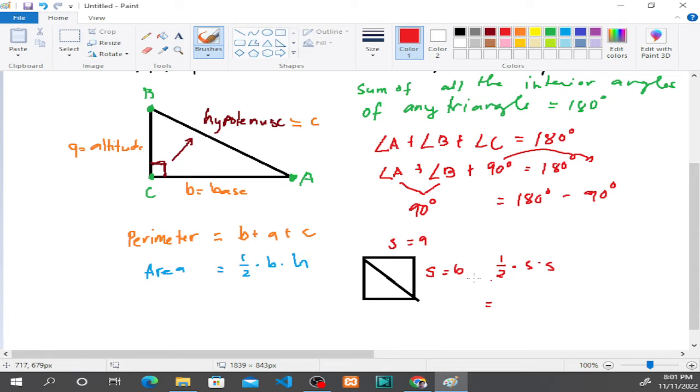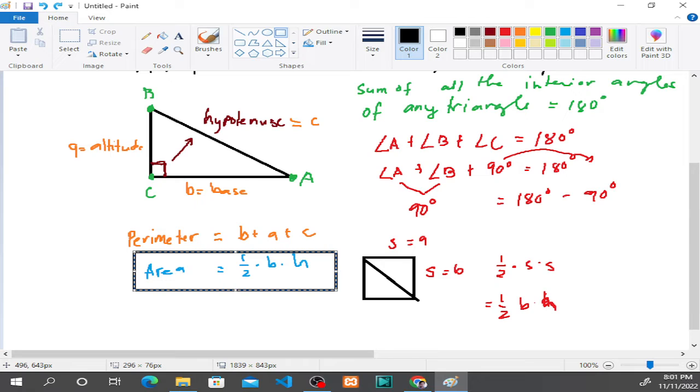Since we are talking about the triangle, the parts are base times altitude, or base times height. That's why we get this formula for the area of the triangle.